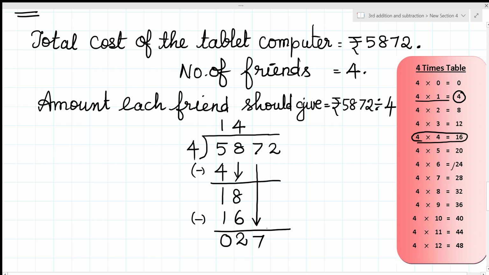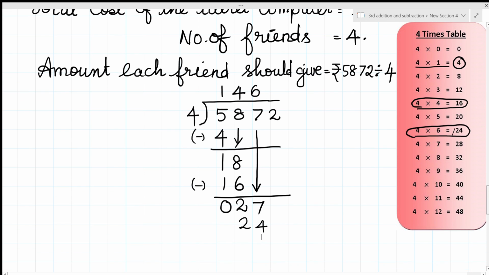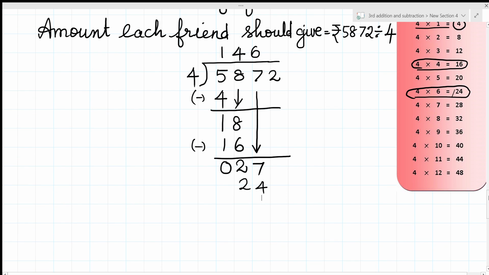Look at the table. 4 sevens are 28. But 28 is bigger than the number. So we have to choose the sixth term, that is 24. So write 6 in the quotient, 24 below the number. Now subtract 27 minus 24.